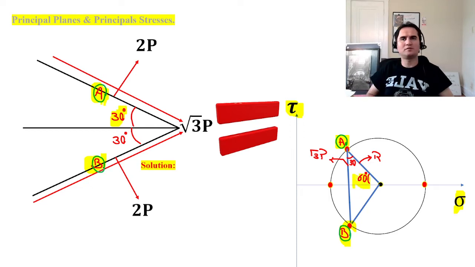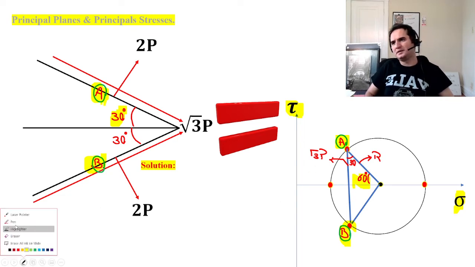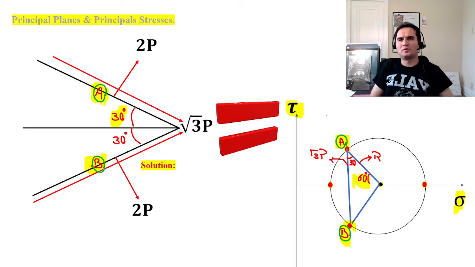That's the principle of Mohr circle, and let's see how we can get point A in Mohr circle. It goes by 2p normal and a shear of square root of 3 p. And how is that?